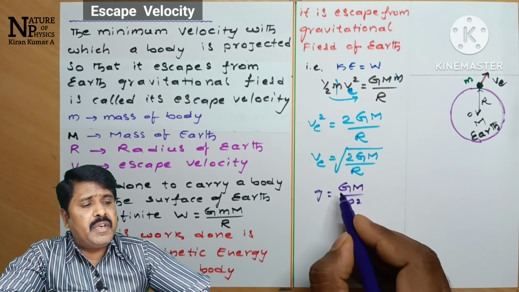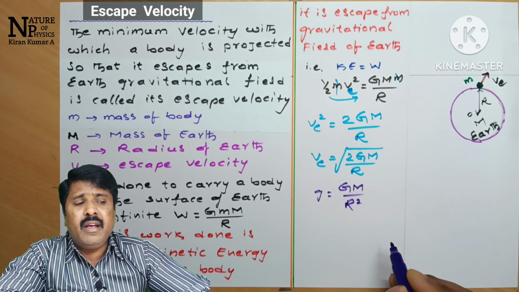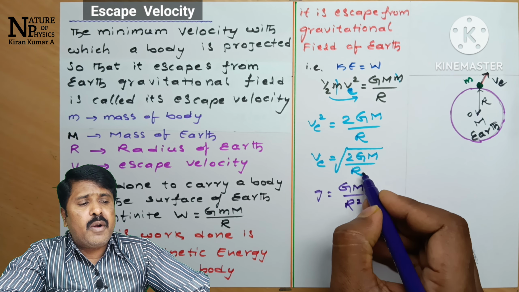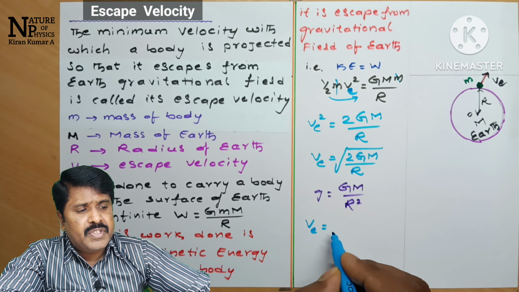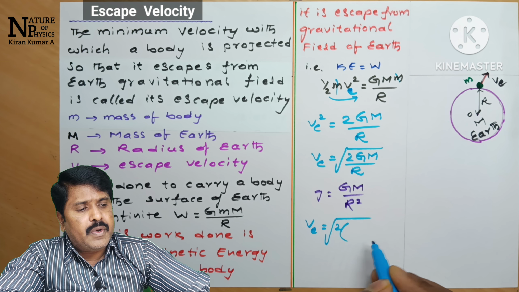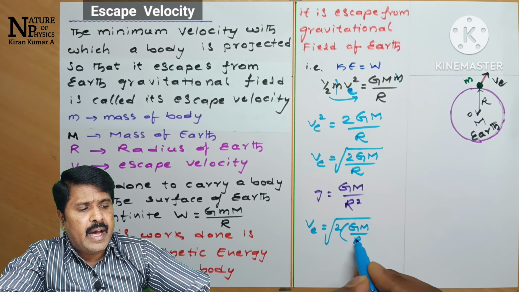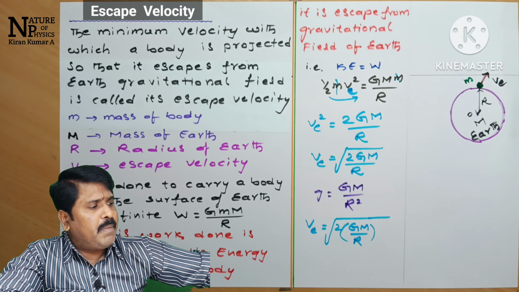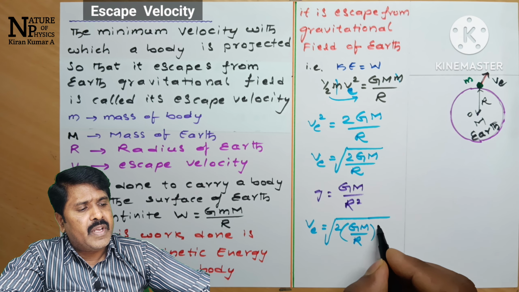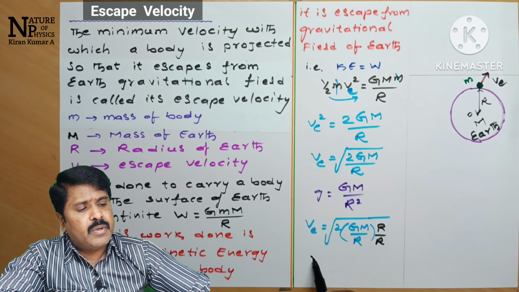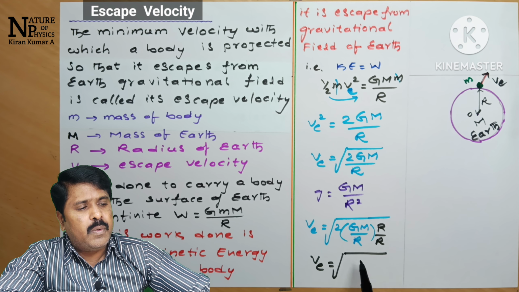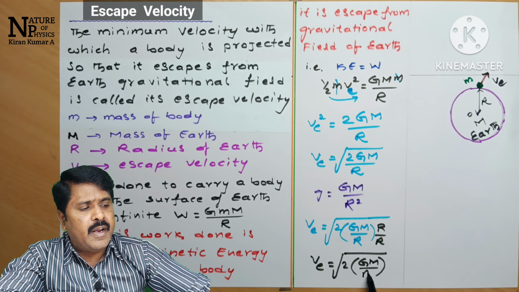Acceleration due to gravity g equals G M by R square, but in the above equation we have G M by R only, so multiply and divide by R. Ve equals the root of 2 into G M divided by R, with R multiplying and R dividing; in the denominator R into R is R square, so Ve equals the root of 2 into G M divided by R square, into R.